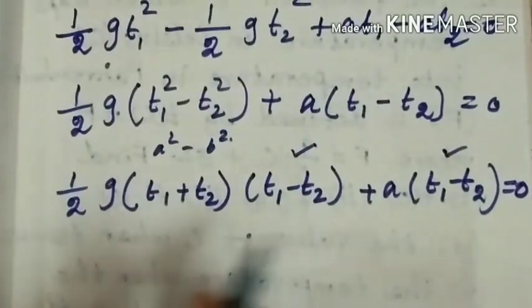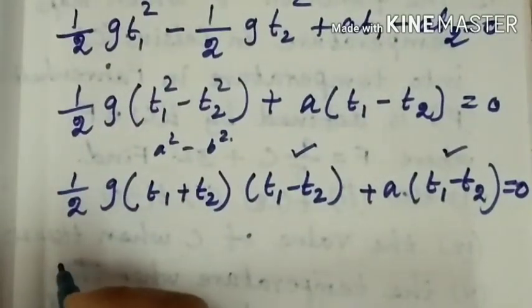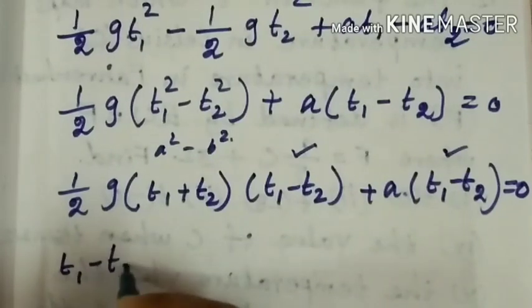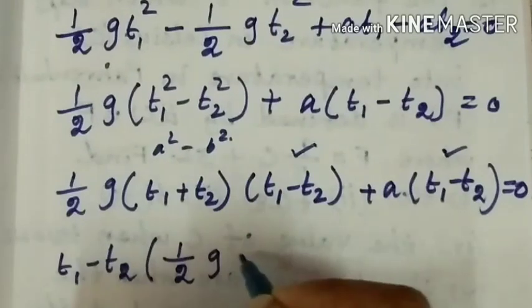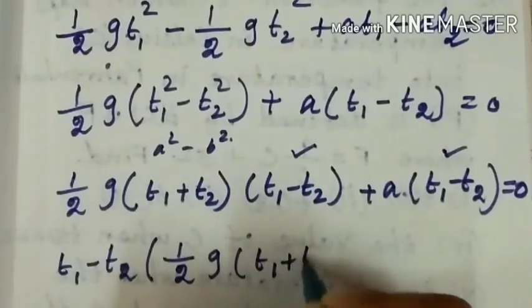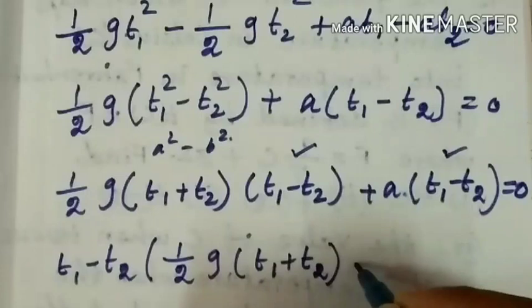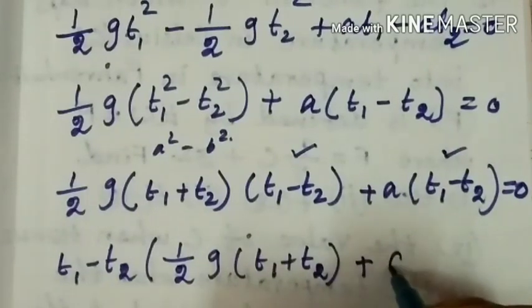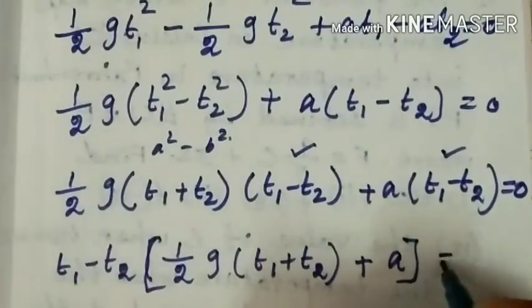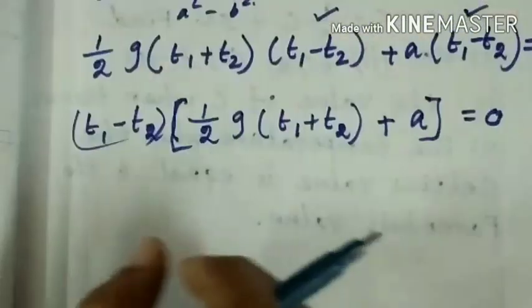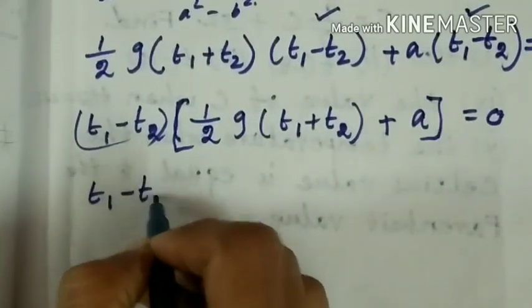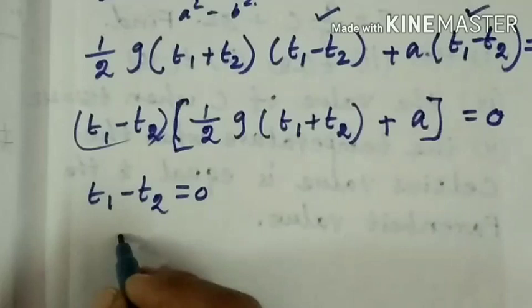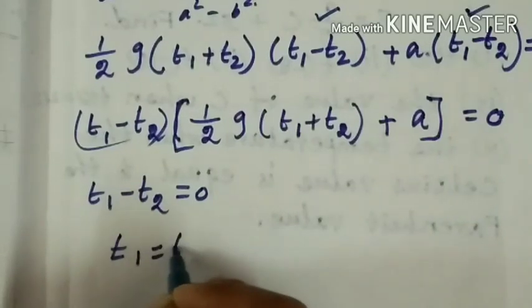Then you take out this common, we get t1 minus t2 into half g t1 plus t2 plus a equal to 0. Now we get two factors, t1 minus t2 equal to 0, therefore t1 equal to t2.